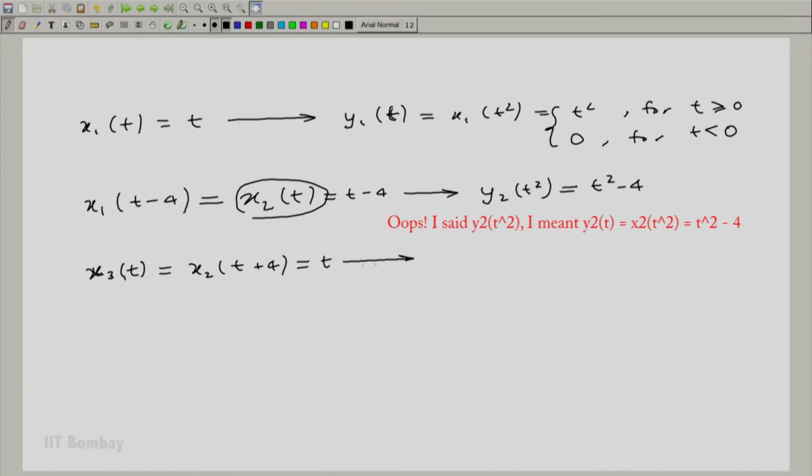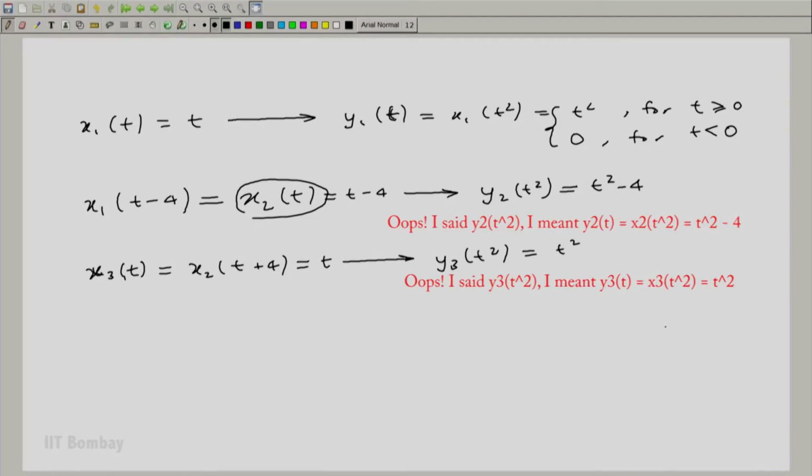So this leads to the output being y3 of t square, which is replacing t by t square in x3, which is just t square. So you can see that if you write x2 of t instead of writing x1 of t minus 4, you will end up with correct expressions.